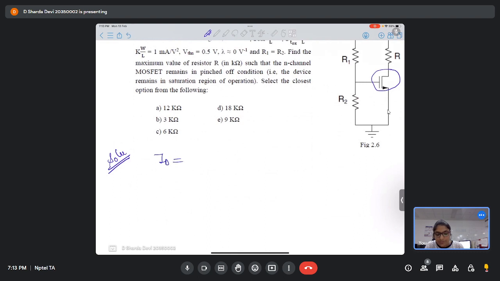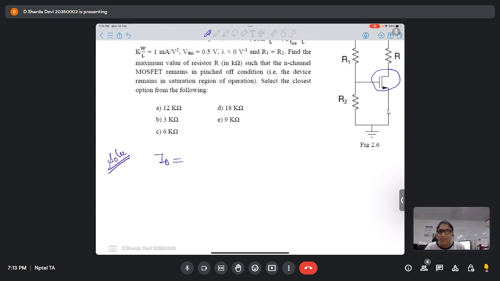ID equal to, any one current equation that you remember in any region, let it be linear or triode, saturation, any one.